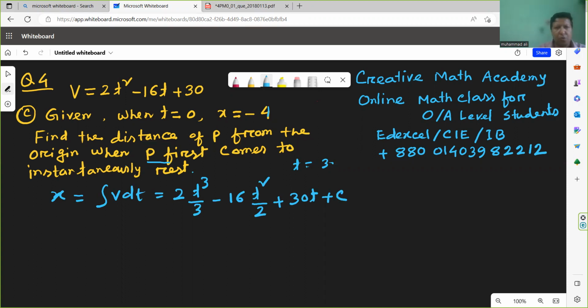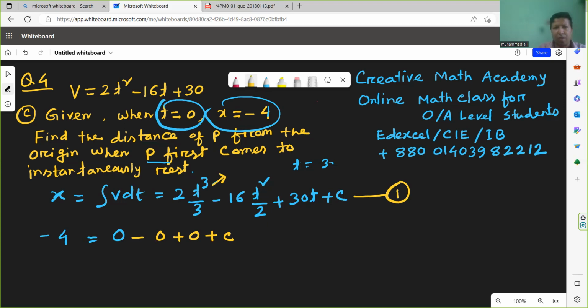If we put t value 0 and x value minus 4 here, we get minus 4 equals, and all the terms with t become 0. So we put t value 0, therefore c equals minus 4.